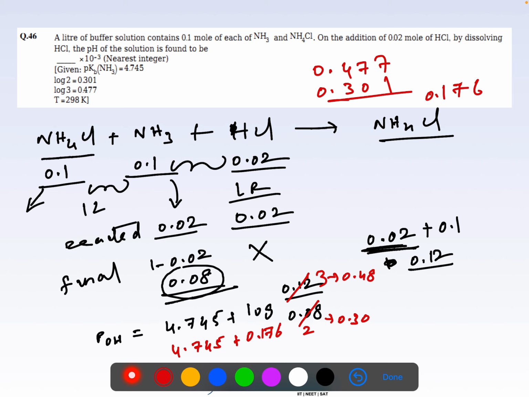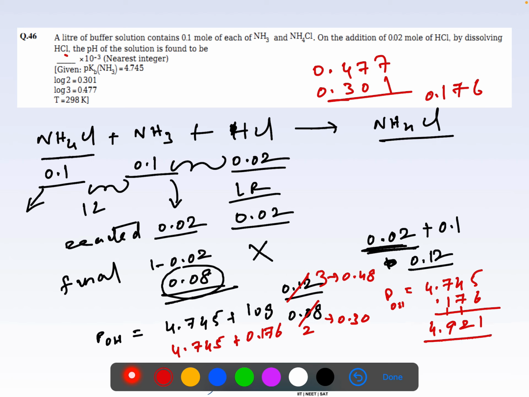So again 4.745 plus 0.176, so the pOH will be equal to 4.921. So this is the pOH.